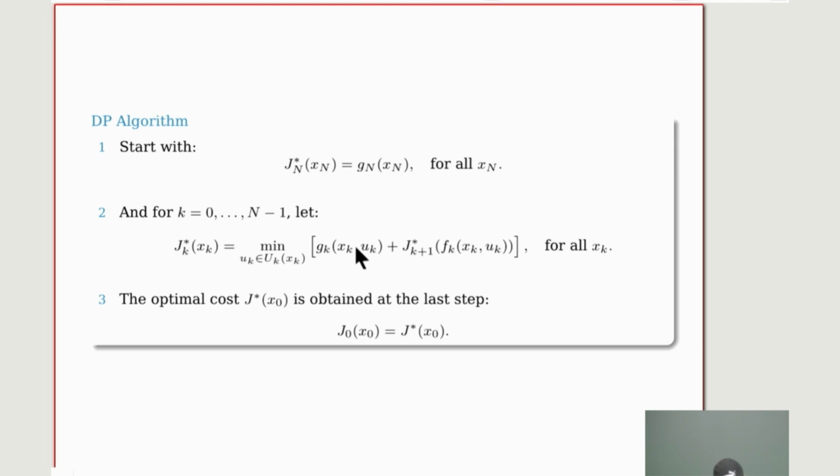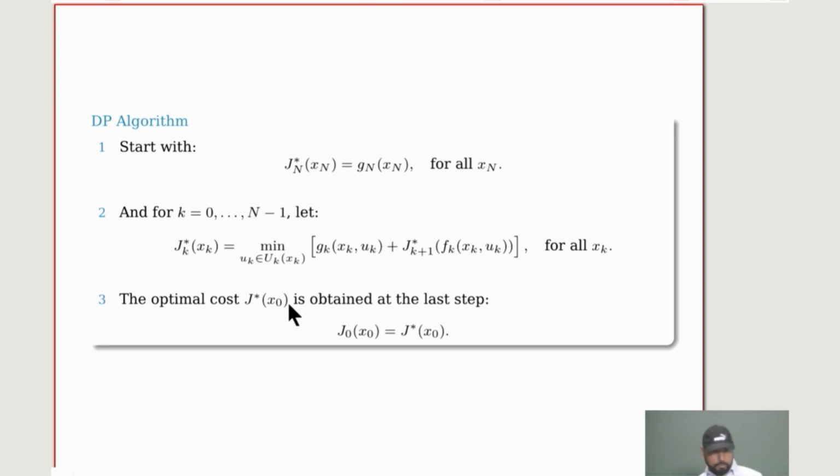So you separate out the k cost, and then from k plus 1 onwards, the optimal is Jk star. If you can solve this for all the k, then obviously you have the total cost, which is J star x0, obtained at the last step.